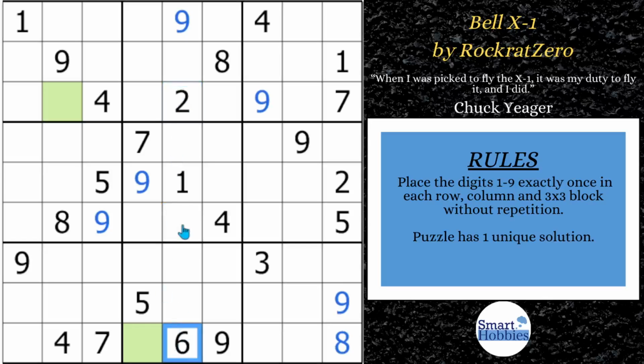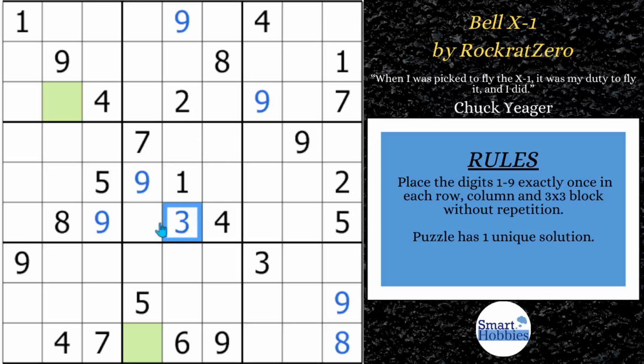So that's 6 digits that see this cell in the column and the block. Well, if you look at the row, you'll notice you have a 5 and an 8 in addition. So we have 8 different digits, 1, 2, 4, 5, 6, 7, 8, 9, that all see this cell. So this is a naked single. It can only be a 3.